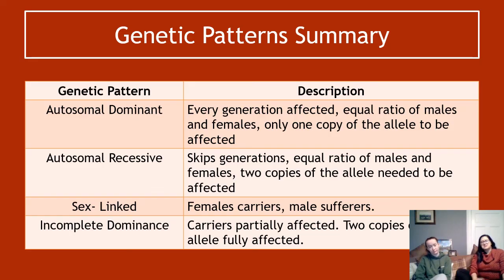Okay, in sex-linked, your very basic generation, female carriers, male sufferers, and also remember that rule about writing the genotype. It's usually in an exam question because people forget to do it. It's a trick. And incomplete dominance, carriers can be partially affected, so two copies of the allele result in fully affected. That's the one where they are both equally or unequally dominant.